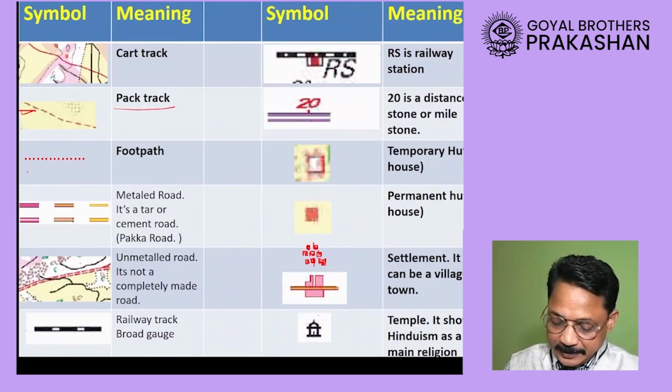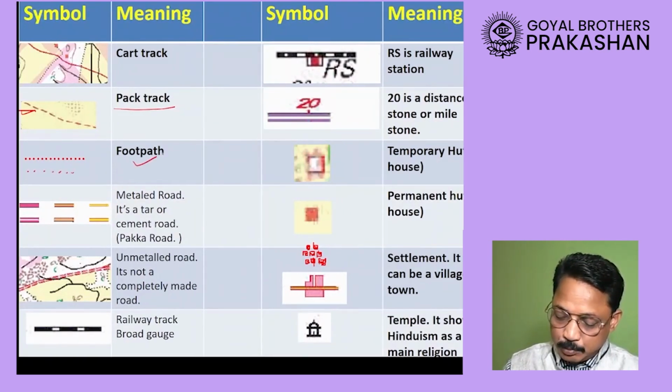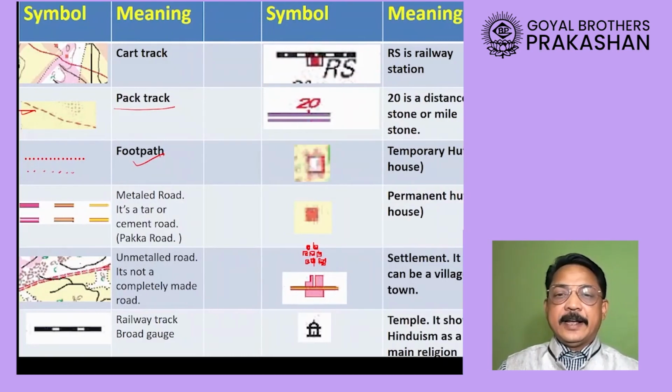If you see it in a dotted form, it means a footpath. What is pack track, what is cart track, what is footpath? I will be explaining everything with the help of signs and symbols and actual pictures later on.